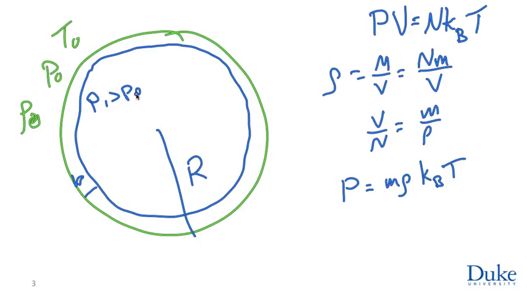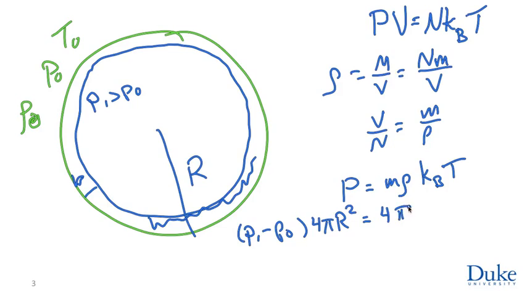So I can write some crazy equation that says P1 minus P0 times the area of the interface between these layers, which is 4 pi r squared, is equal to the mass of the gas in this region, which if I assume that its density is rho 0, that's also 4 pi r squared times little r times rho, that's the mass in there, and then I multiply that by G times the mass inside the radius r, so that's in this case the entire star, divided by r squared.